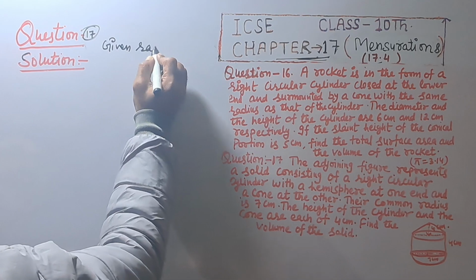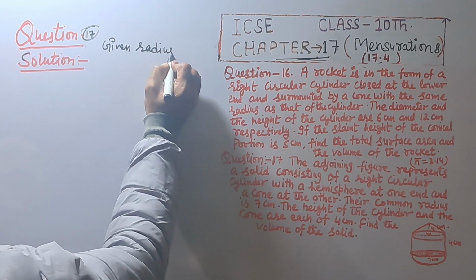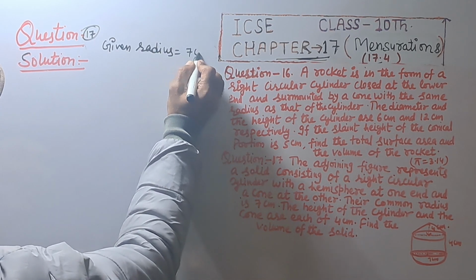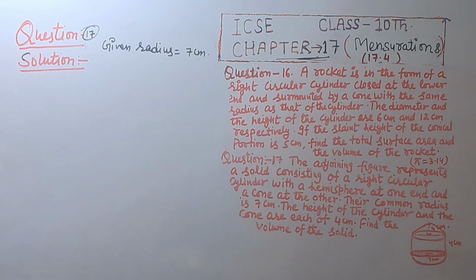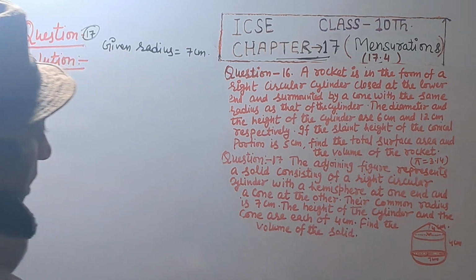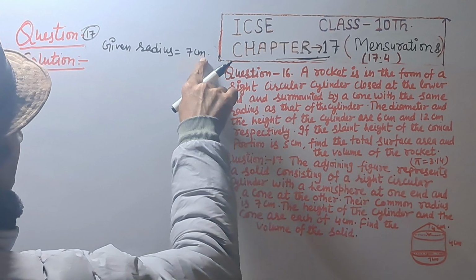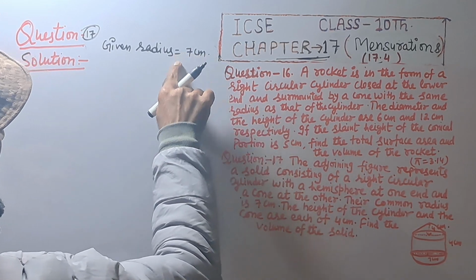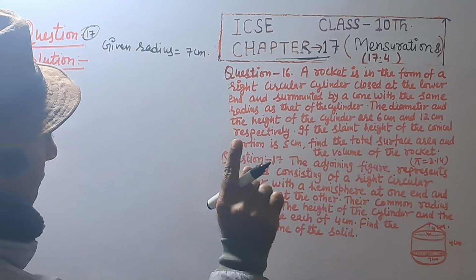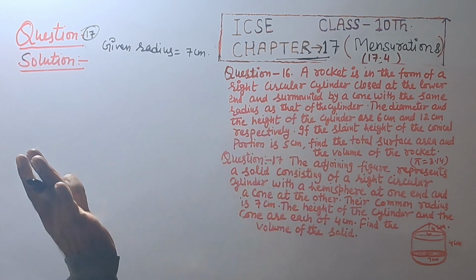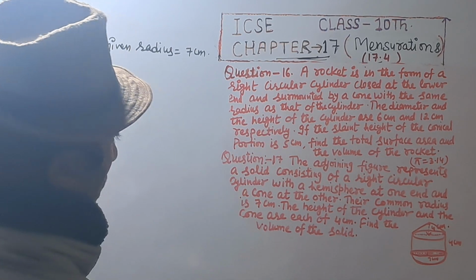Given radius equal to 7 cm. Common radius of hemisphere is equal to 7 cm, radius of cone equal to 7 cm, and radius of cylinder is equal to 7 cm. It's common.